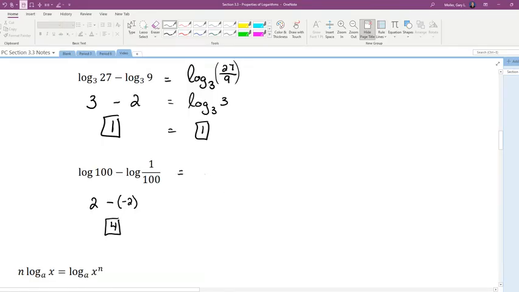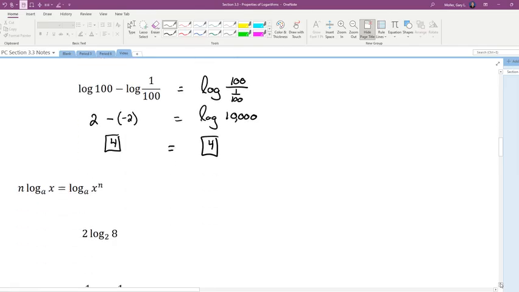Let's condense these, which says I take 100, divide it by 1 over 100, which gives us log multiplied by the reciprocal, 10,000. And so 10 to what power is 10,000? It would be 10 to the fourth, because 4 zeros would be 10,000. So it still works.